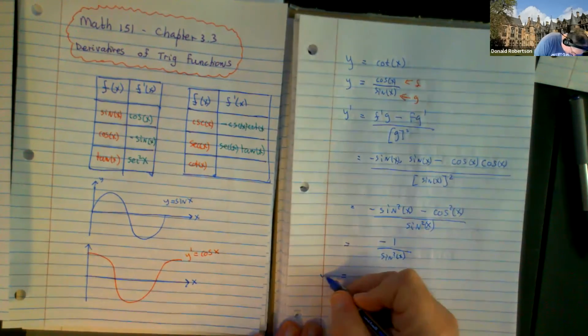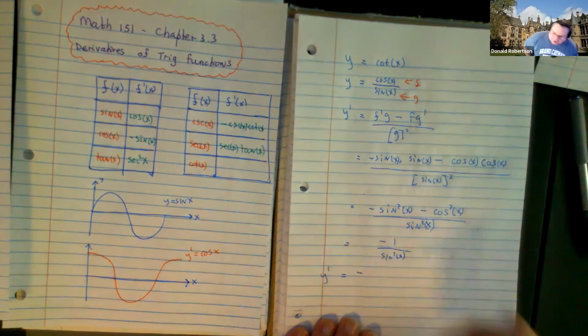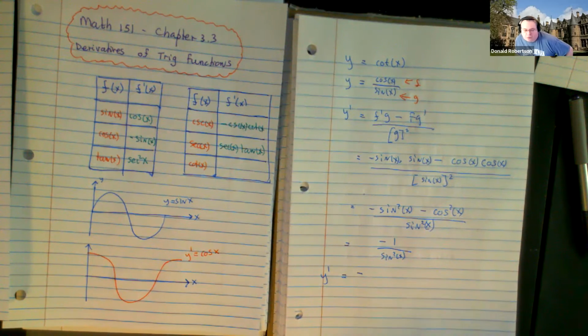And now, one last line. We have to find a nicer way to write negative 1 over sine squared x. Well, the negative's easy, I just put it there. But 1 over sine squared x, what is that guy going to be called?